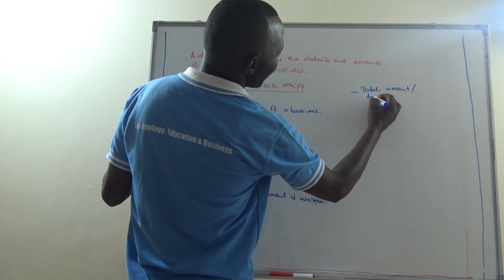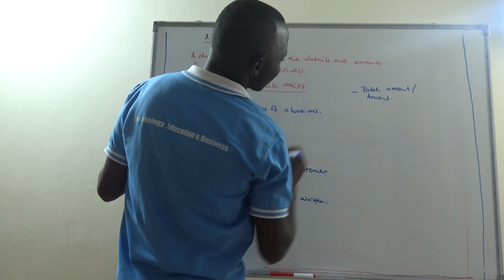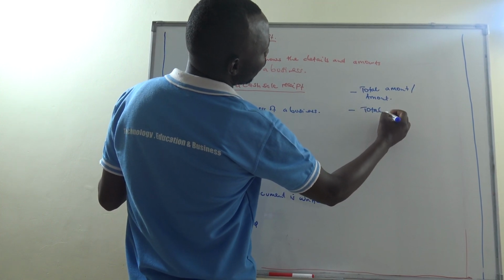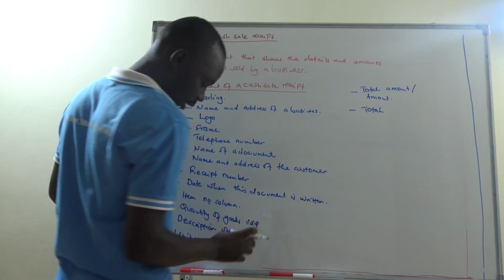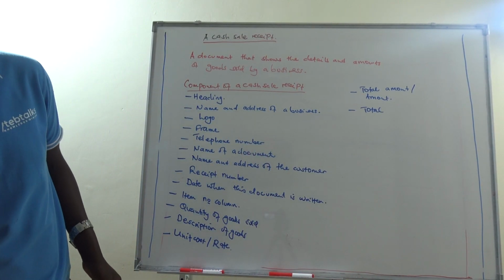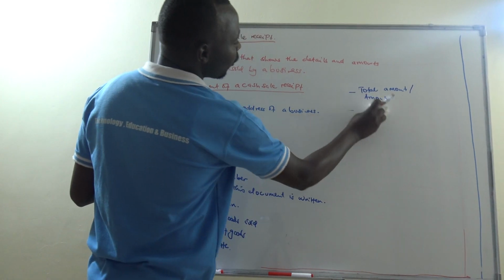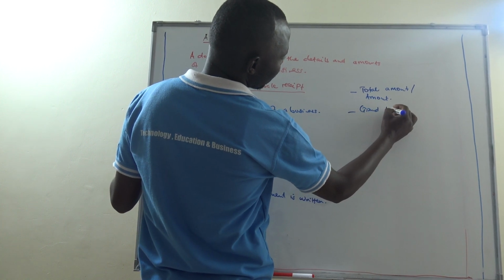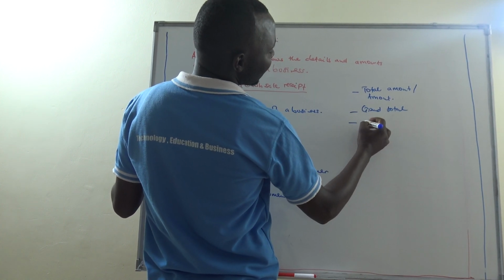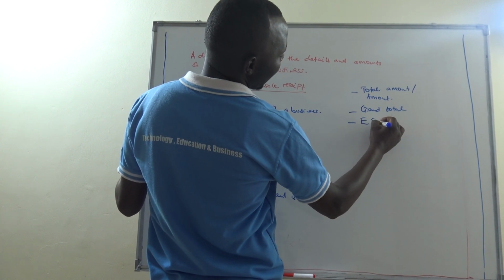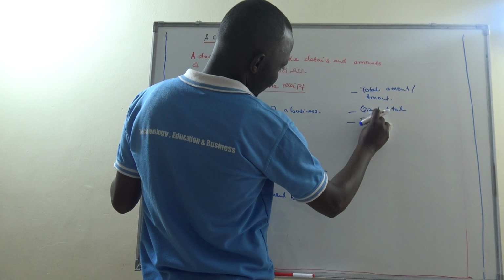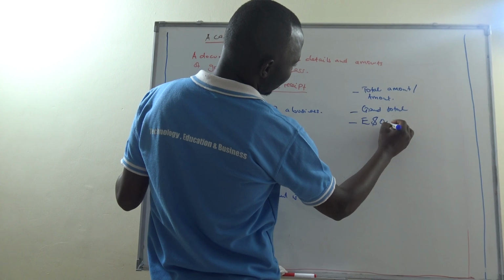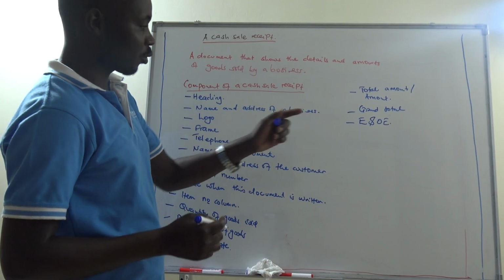Also others call it amount. We need the grand total, because you may get lost when I talk of the grand total. You may get lost. I'm meaning the grand total. The grand total. We need to see E and OE. This one stands for, I will talk about it.